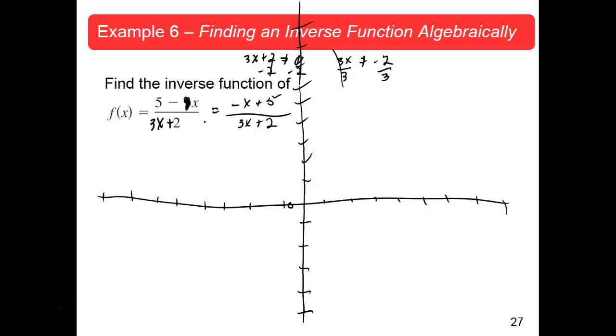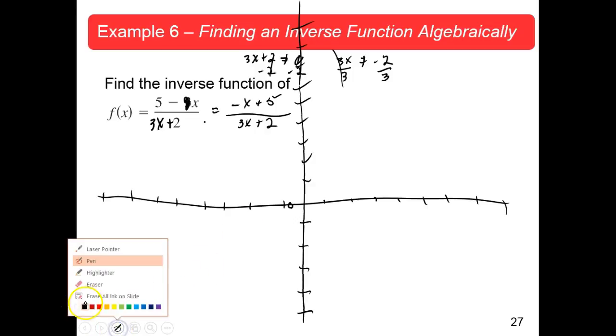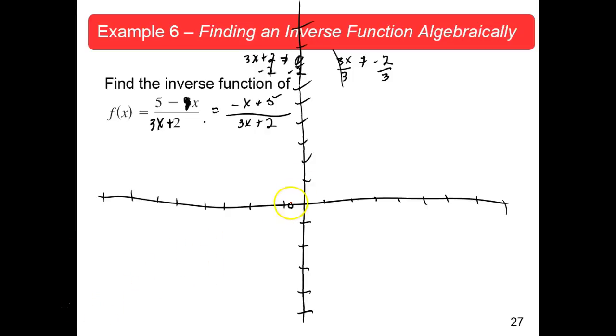Agreed? Okay. Now, on the graph, that means that nowhere on this graph can x equal negative 2/3. So that line is called a vertical asymptote. You can't touch it, you can't cross it. That's the first thing we're going to do. Second thing we're going to do, it doesn't matter what order.